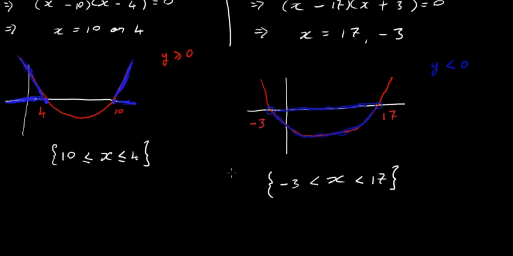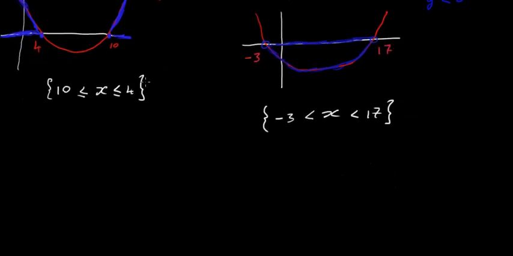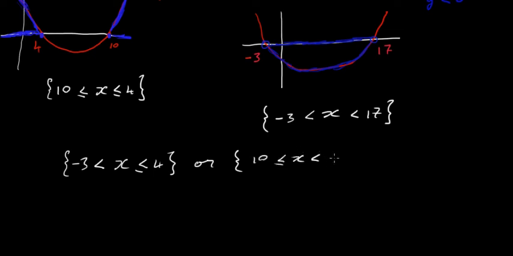The final solution was x is greater than minus 3, less than or equal to 4, or x was greater than or equal to 10, less than 17. So when you combine these two solutions again, you should end up with these two solutions down here. Okay, and that's the second method.